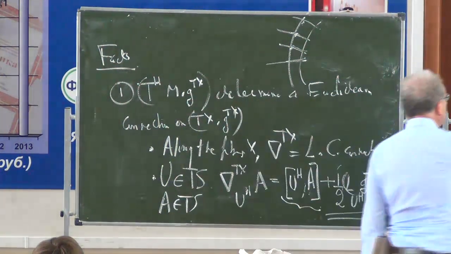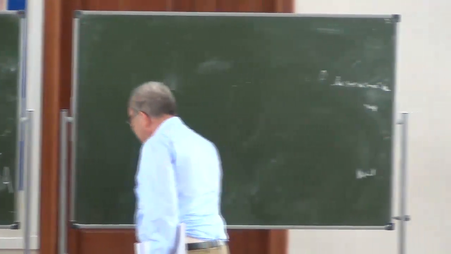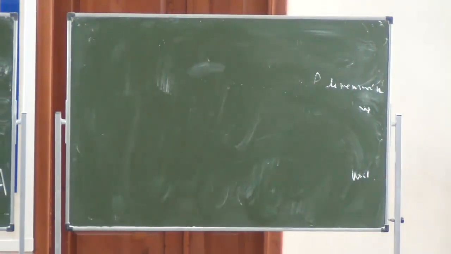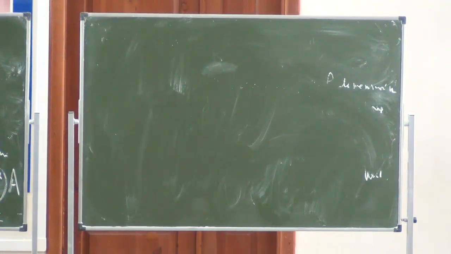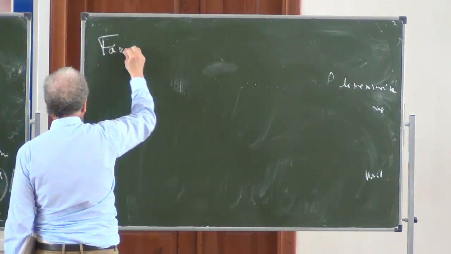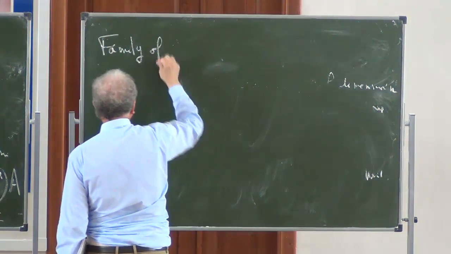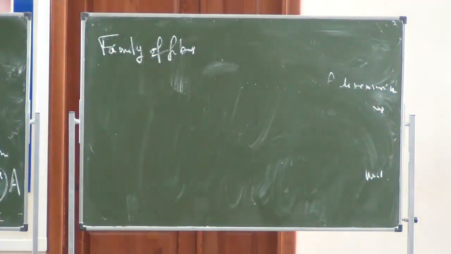Fact number 2. What we're going to say is the following. To understand what a family of fibers is, what we do is, in some sense, make the fibers very, very far apart.